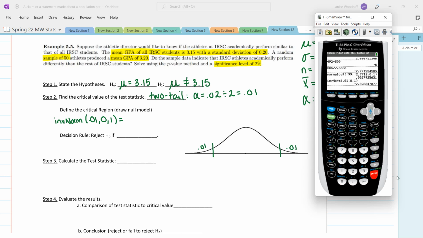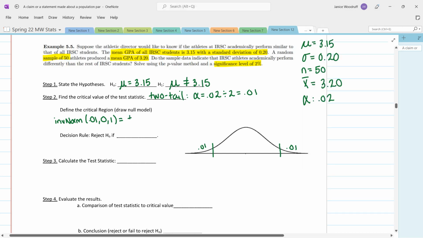So that gives us negative 2.326. So negative 2.326 and positive 2.326.